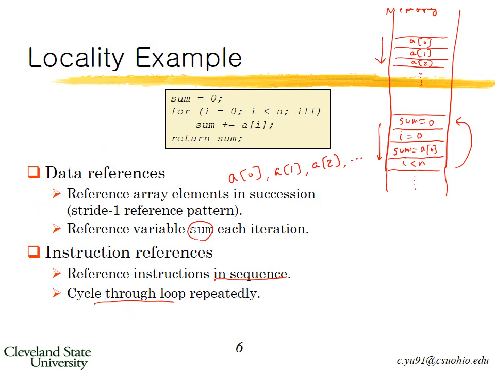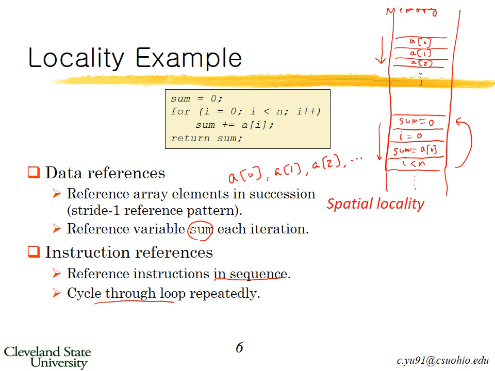So just a locality example: locality can be found in the instructions as well as the data. If you look at the memory map on the right-hand side at the top, A0, A1, A2 are stored in the memory. And if you're running the program segment in the middle of the top, there is a for loop, and A0, A1, A2 are going to be referenced one by one in sequence.